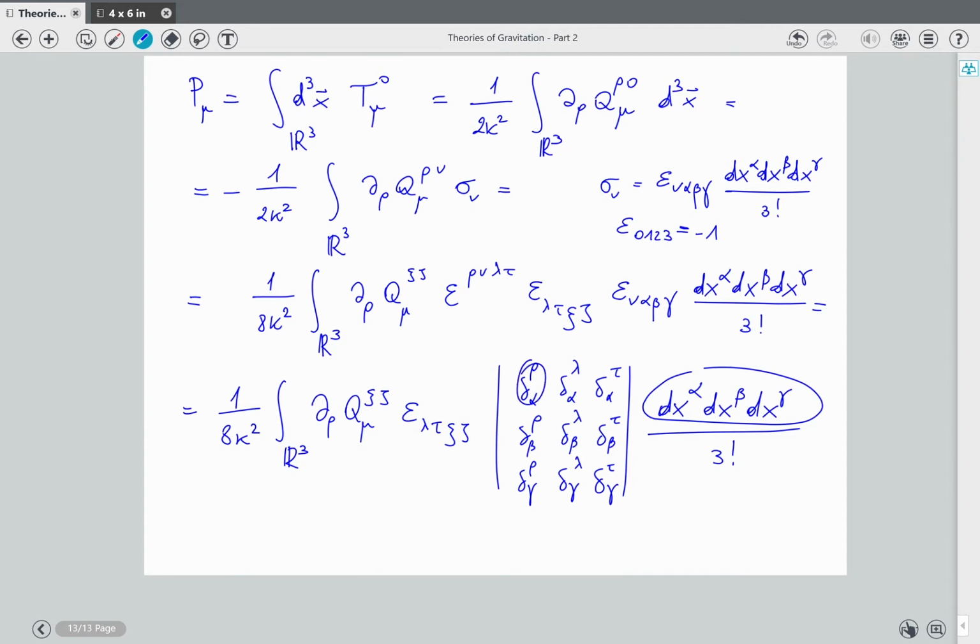We have 1, 2 times 3, so 6 terms, but they are all equal because this is anti-symmetric in all three indices. So you just drop 3 factorial and alpha beta gamma will become rho lambda tau. In the past we only had 2, so we had to work out a little bit of the determinant, the anti-symmetry in 2 indices, but now it is in 3, so it's straightforward.